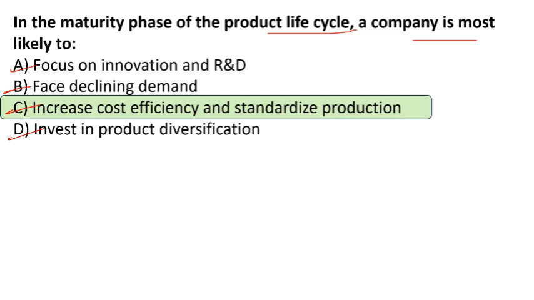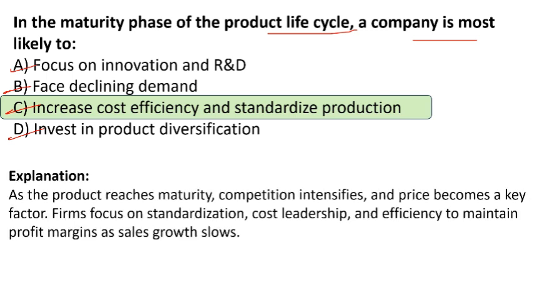In the maturity phase, as the product reaches maturity, competition intensifies, right? Price becomes a key factor. Firms focus on standardization, cost leadership, and efficiency to maintain profit margins as sales growth slows.